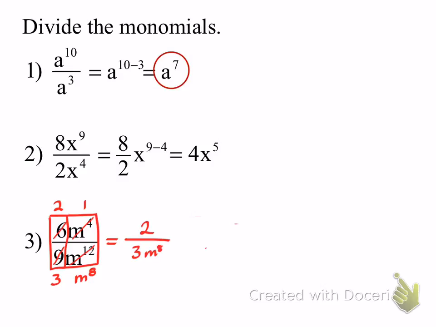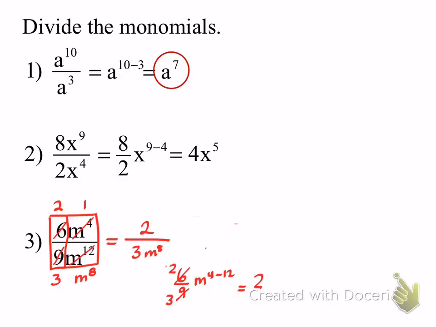Another way I could have done it is I could have taken 6 over 9 and then done m to the 4th, top minus the bottom. I know this becomes 2 over 3. And this is going to become what?